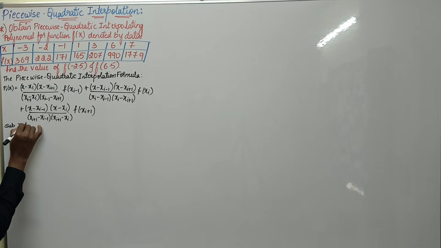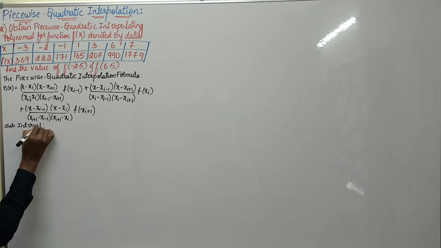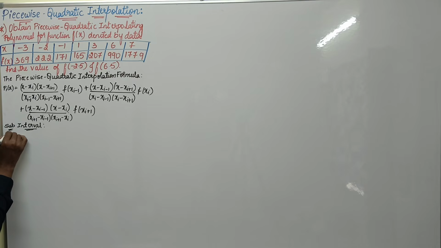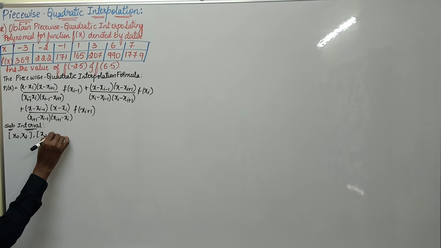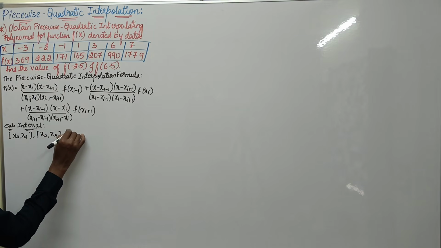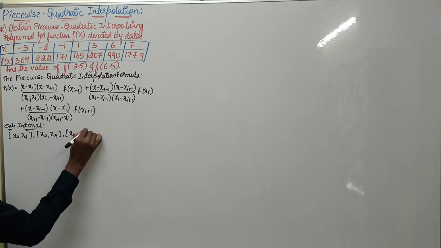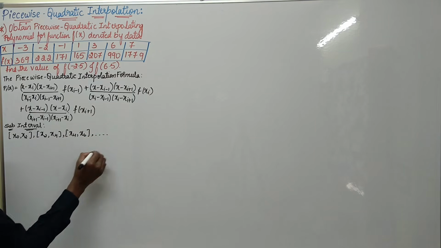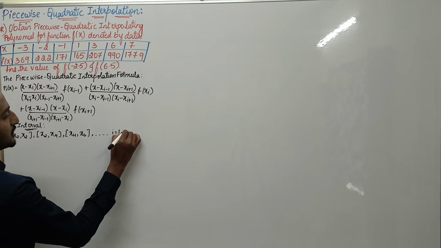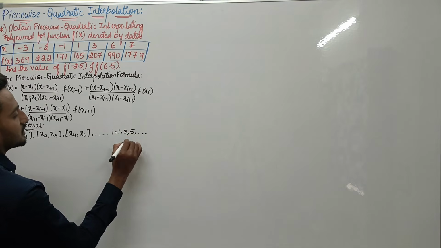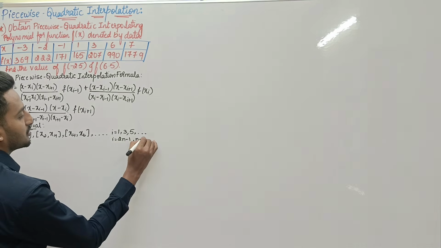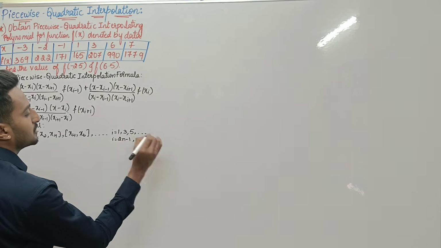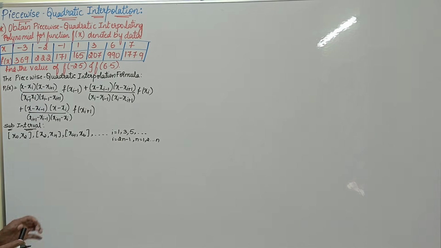The subinterval is defined with respect to x0 comma x2, x2 comma x4, x4 comma x6, etc., where i varies as 1, 3, 5, etc., where i equal to 2n minus 1, where n equal to 1, 2, etc. up to n. Got the point?